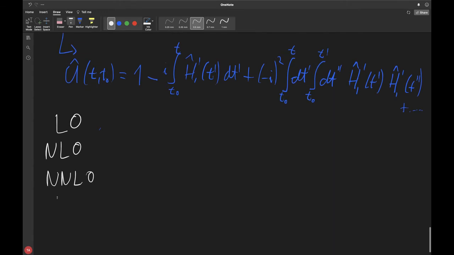At this point they put numbers, like N3LO, and it just means how many terms I add here. So this was the leading order, this is the next to leading order, and then in the plus plus you have anything which is higher.